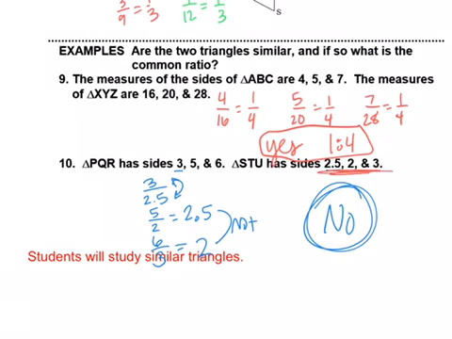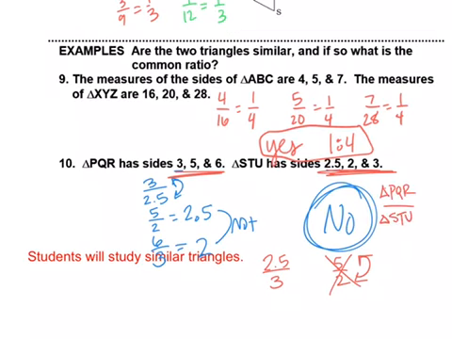So if you want to put all of these first and all of these second, that's fine. But don't do one that's 2.5 over 3 and then the next one do 5 over 2, because that's not the same triangle on top. If you need, you can do PQR on the top and STU on the bottom, just to help yourself remember which one goes on top and which one goes on the bottom.